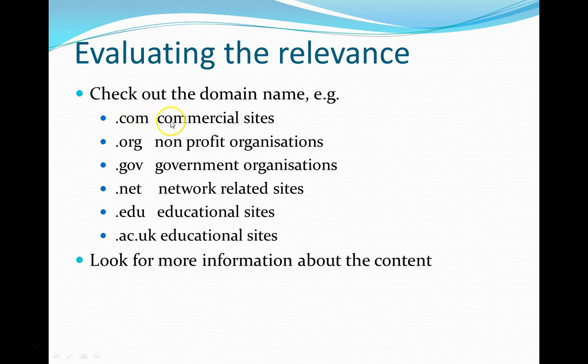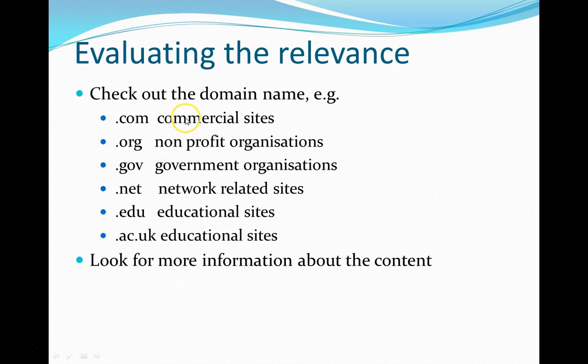If you get information from a .com site that you want to use, for example, a newspaper. Newspapers are often .com. A very useful thing to do then is to ask yourself, where did the newspaper get this information? And go to where the newspaper got the information.